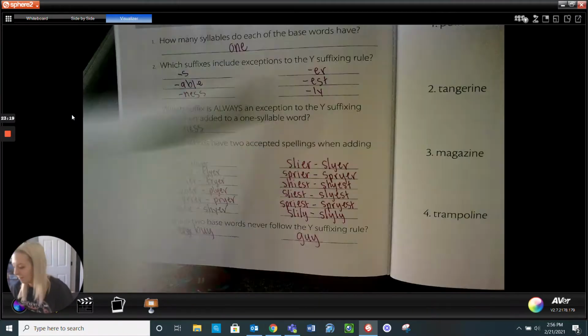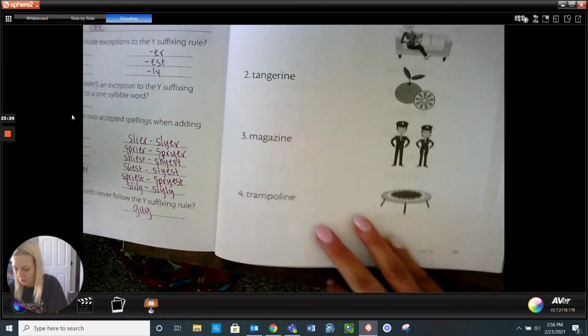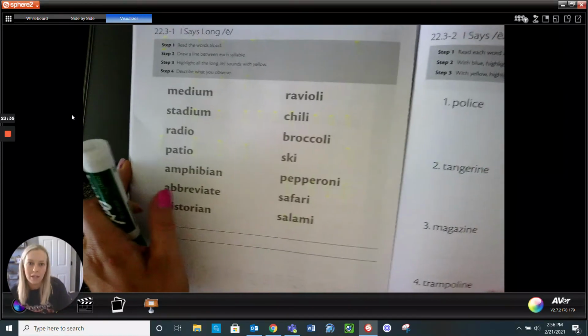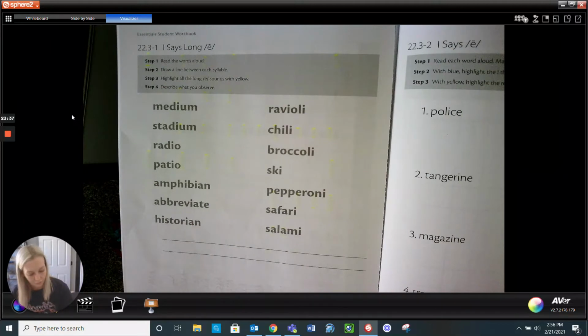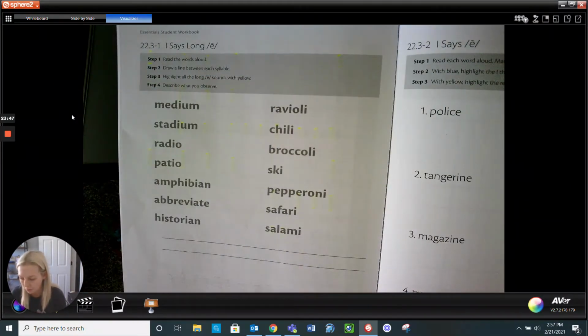Open your book if you closed it. And we're going to be on page 182, which I ripped out of mine, but you probably didn't rip yours out. All right, read the words aloud, draw a line between each syllable, highlight all the long E sounds with yellow, and then describe what you observe.